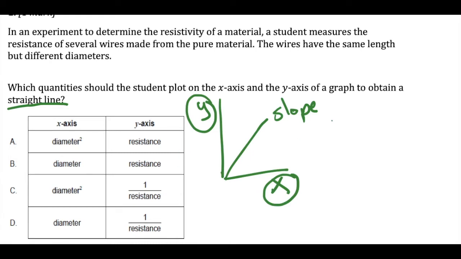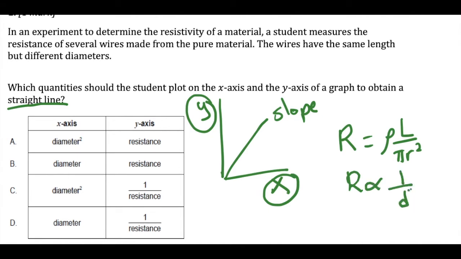So we're measuring resistance and diameter. Now, if you remember the resistance relationship, which would be this, the resistivity times length divided by the cross-sectional area, since it's inversely proportional to radius squared, it will also be proportional to, this is what we're looking for, 1 over the diameter squared.